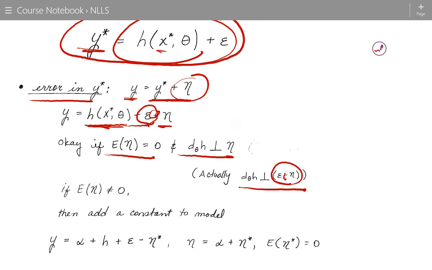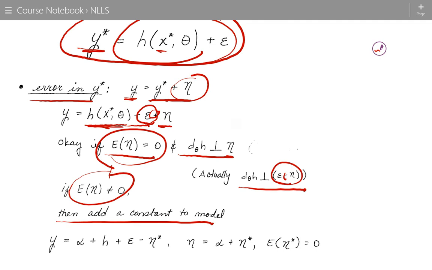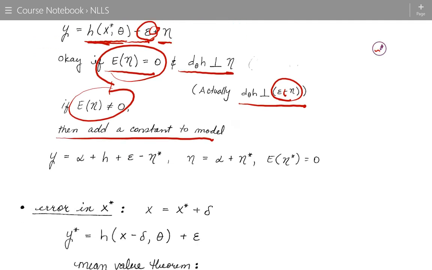If the expected value is not equal to 0, then we can just add a constant to the model. So then we would have a constant plus h with this term. Two things occur if h already has an additive constant in it: it will be that constant plus the mean alpha, so you won't know whether you've got an actual constant associated with your model or a constant plus the mean of eta.